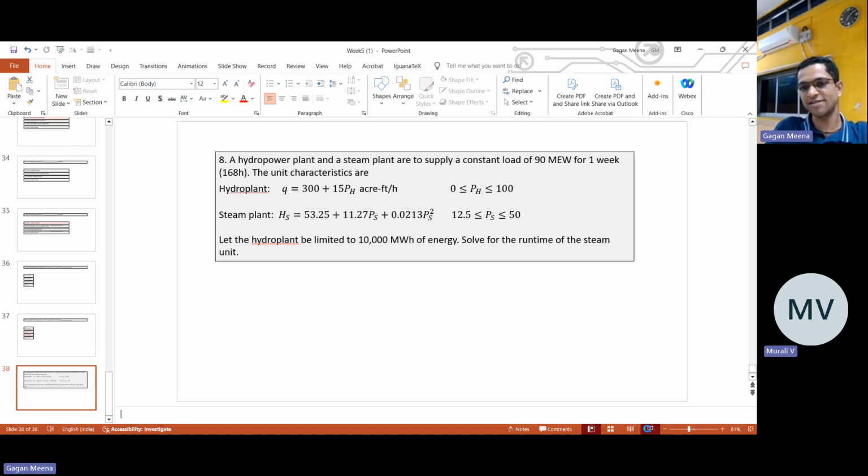There are a few countries which have a very huge amount of hydro resources and are mostly run by hydropower. This first case, which we discussed, is more relevant for those countries where hydropower is the major source for supplying the demand.